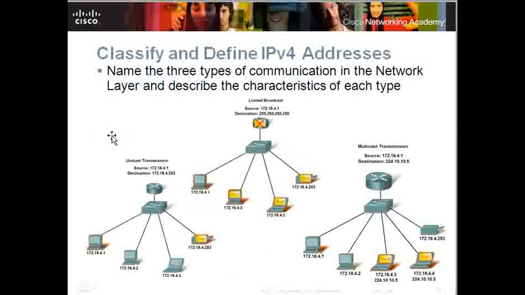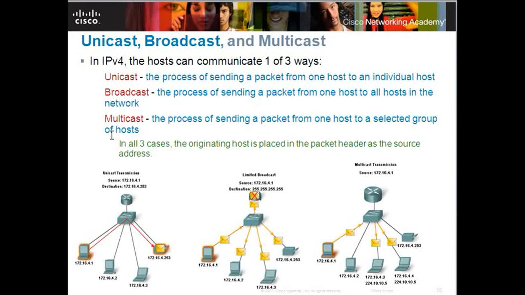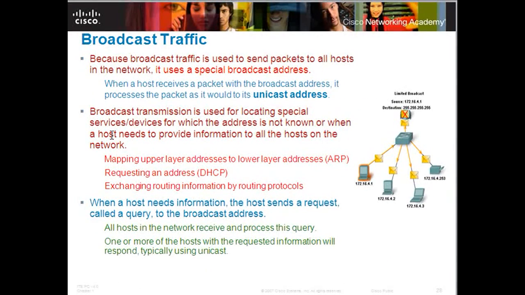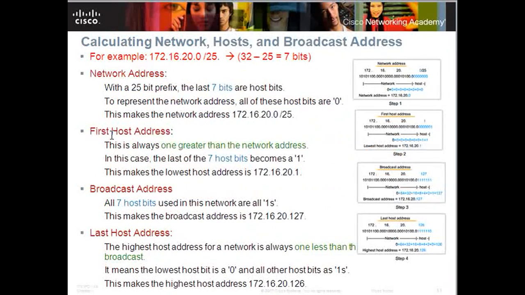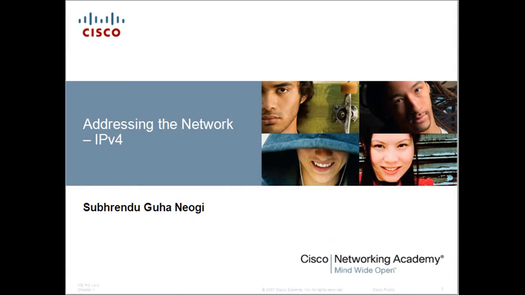Before we go to unicasting and broadcasting, we will demonstrate how to calculate the network, host and broadcast addresses for subnetting. Here we are just taking a pause, and we will move to addressing in the network.